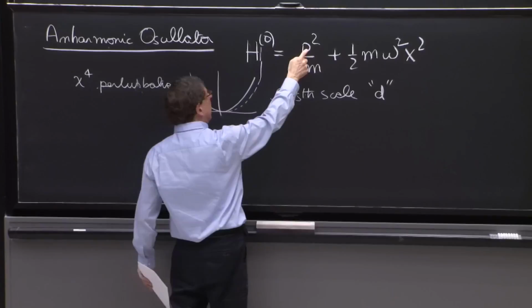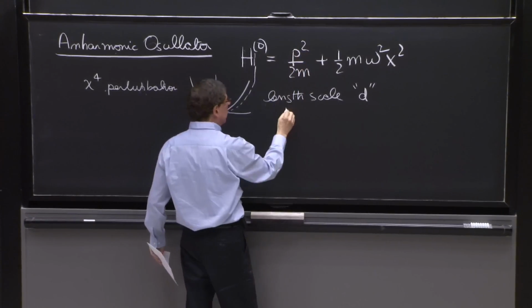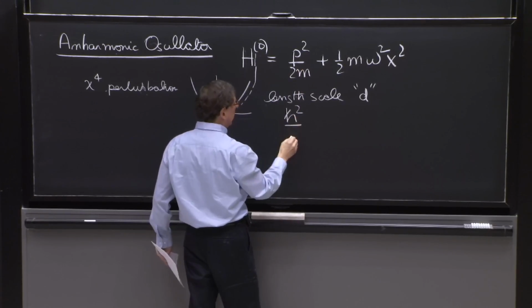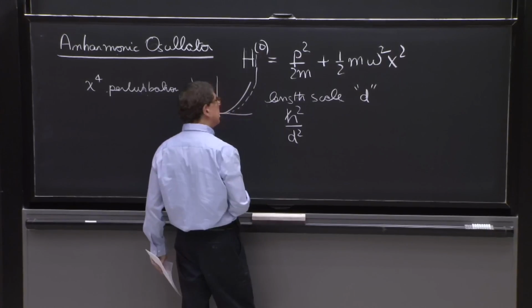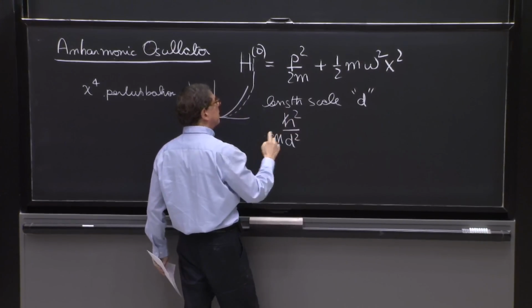One way to derive that length scale is to recall from units that p, a momentum, has units of h bar divided by length. So p squared has units of h bar squared over d squared. There's an m. So that's an energy.